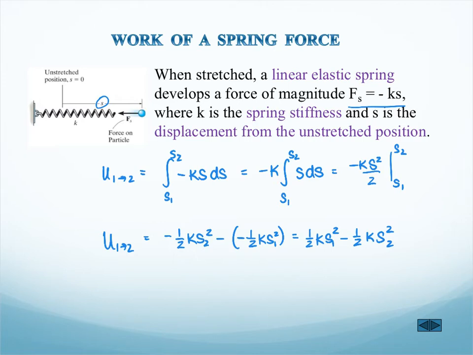And what I want you to notice is the original point ends up coming first in these expressions, where the ending point comes second. Traditionally, when we find a change in something, it's final minus initial. And again, like I said, that's going to have some importance when we think about potential energy.